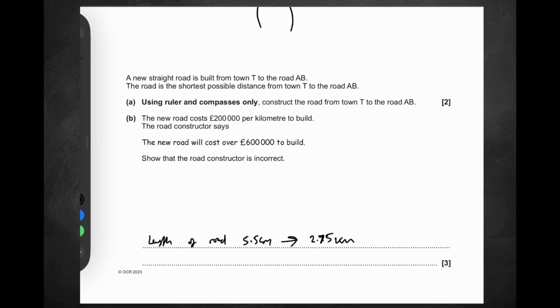And then we can say 2.75 multiplied by 200,000, which is going to be 550,000. So that is less than 600,000. So the constructor is wrong.